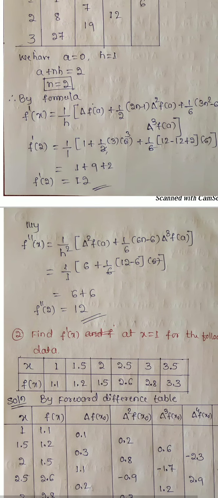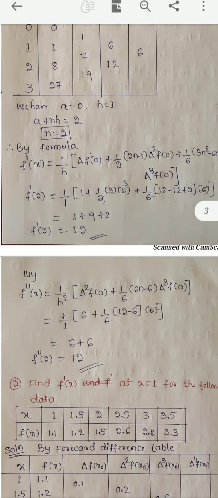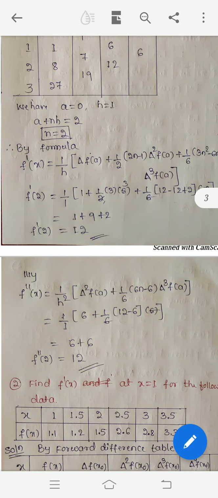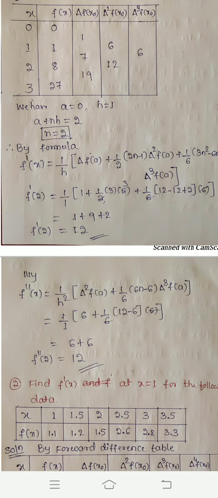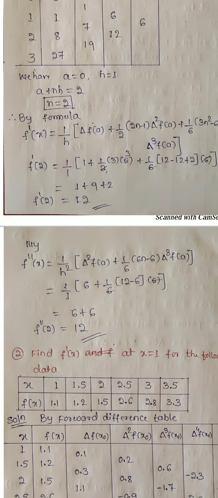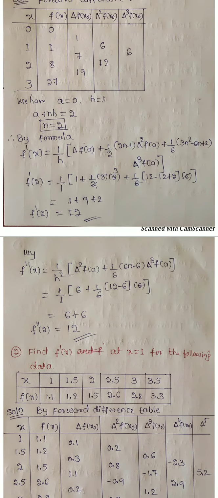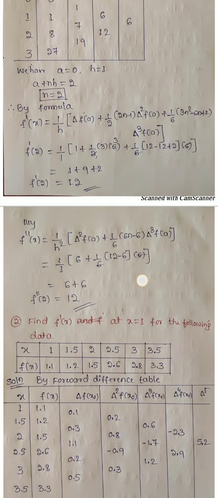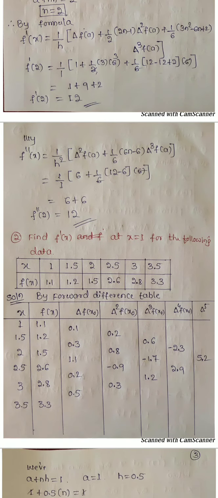Substituting all these values in the above formula, we have 1 by 1 into delta square, which is 6, plus 1 by 6 into (12 minus 6) into 6. Simplifying this, we get f double dash of 2 is equal to 12. So from the numerical differentiation we have found f dash of x and f double dash of x.